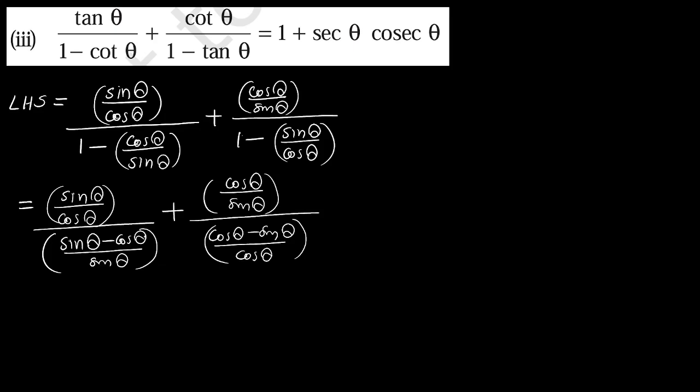So listen. What I have done is tan is written as sin by cos, cot is written as cos by sin. And in the denominator, I did the cross multiplication. And again, let me simplify. Sin theta by cos theta is there in the numerator. You know that for division, you need to multiply with the reciprocal. Sin theta by sin theta minus cos theta.